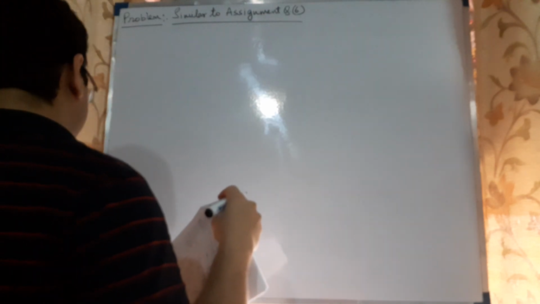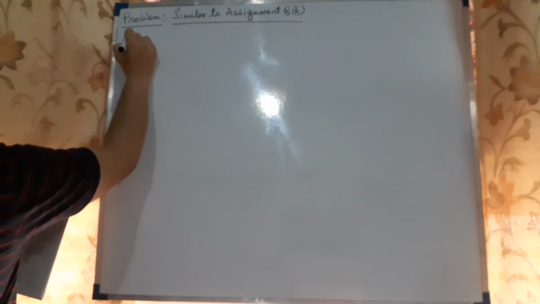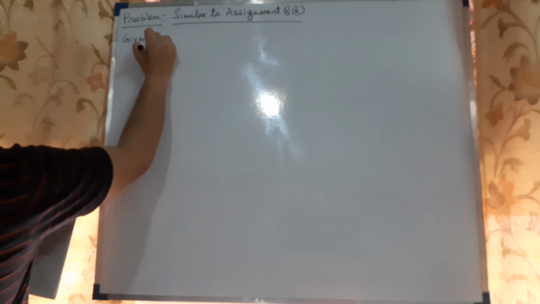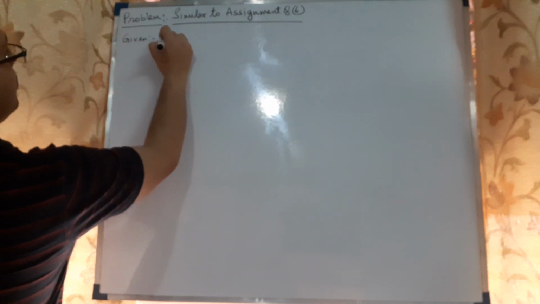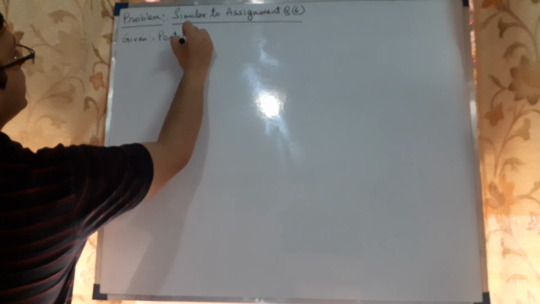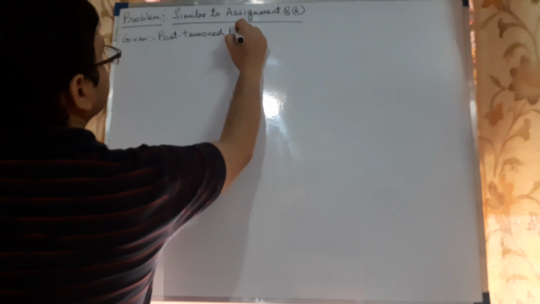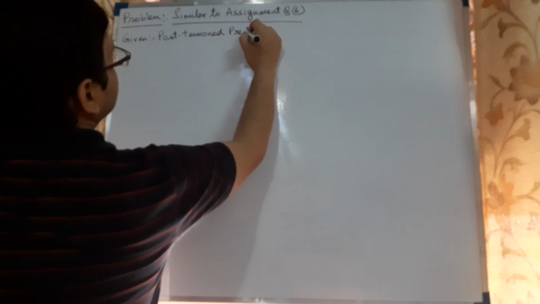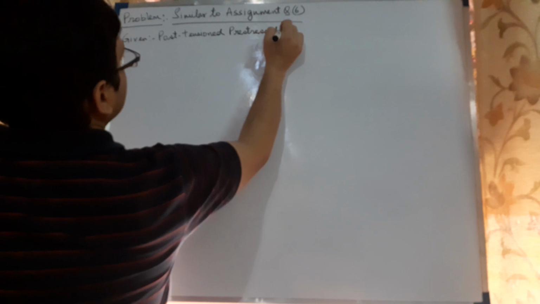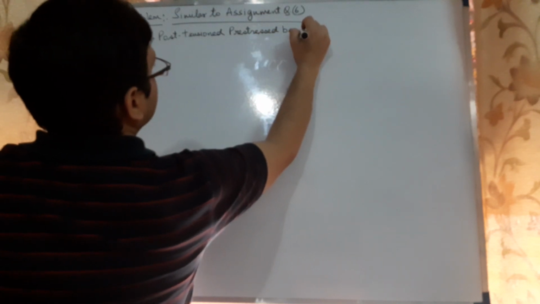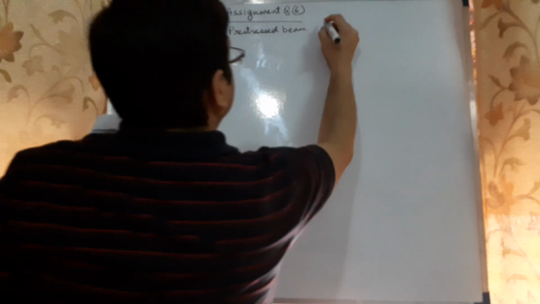Now what is the problem saying? It is given that we have a post-tensioned pre-stressed beam, and the width is given.